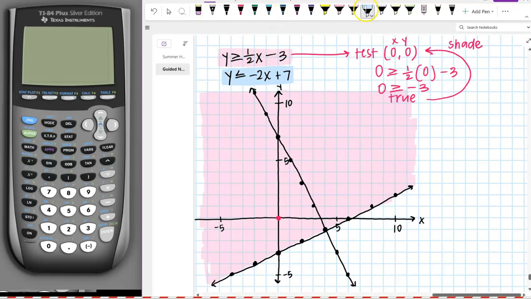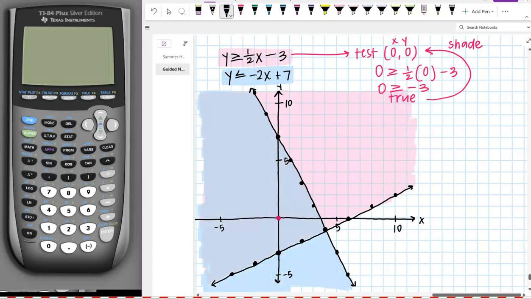So if I'm looking at my y-axis here, here's the y-intercept. I want to shade everything below that y-intercept. So in other words, everything on this side of that line. Again, you could have tested a point like (0, 0). If you plug in 0 for x and 0 for y, it would have made the inequality true.